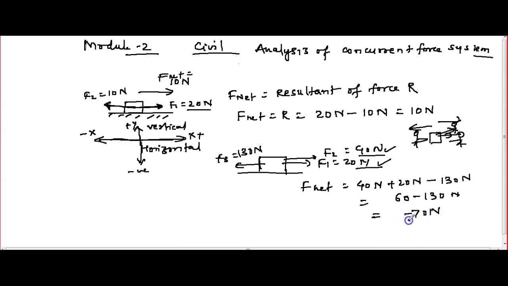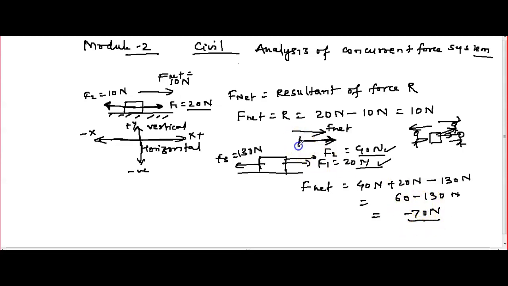So we got minus 70, which means our assumption that this direction is positive was wrong; we got a negative value. This direction we had considered positive, right? So we got F resultant as minus 70.